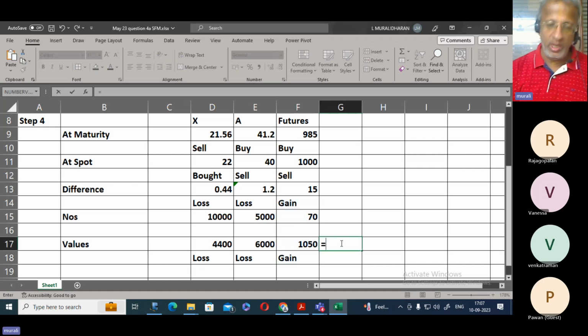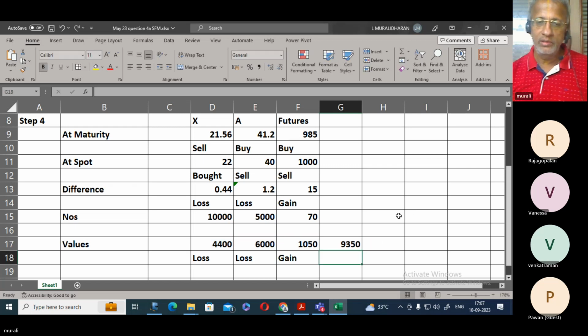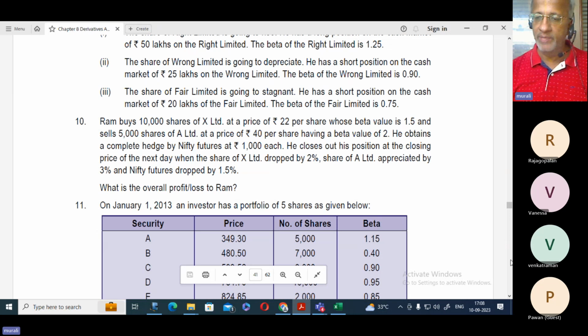So therefore, I am expected to add this and deduct this. 9350. Is that right? So what the institute had developed, let me just check.